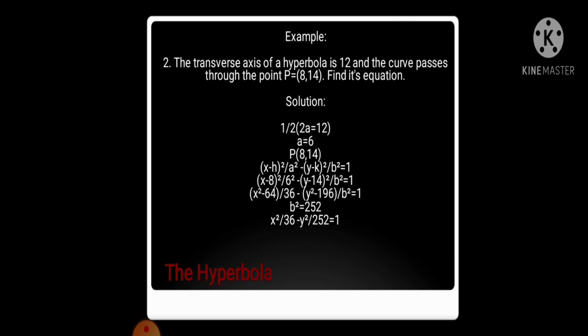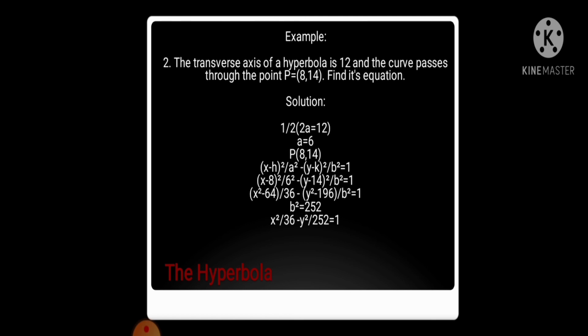So to find it, use the formula (x minus h) to the power of 2 by a squared minus (y minus k) to the power of 2 by b squared equals 1. So you may now get the corresponding values of h and k, wherein 8 is the value of h and 14 is the value of k.